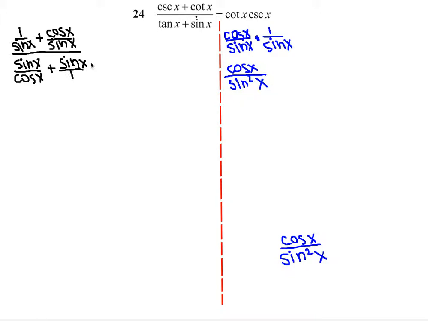So the next thing we're going to do is add them up, but we need a common denominator, obviously. So this top one, the common denominator is sine x, so we're able just to add it.